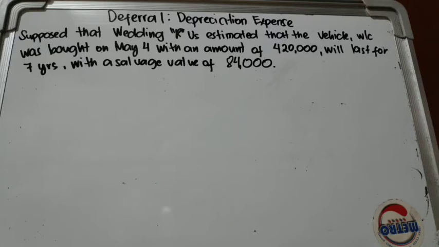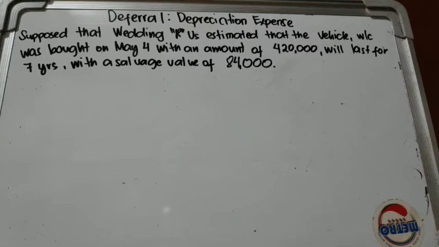Suppose that Wedding R.Us estimated that the vehicle which was bought on May 4 with an amount of 420,000 will last for 7 years with a salvage value of 84,000 pesos.